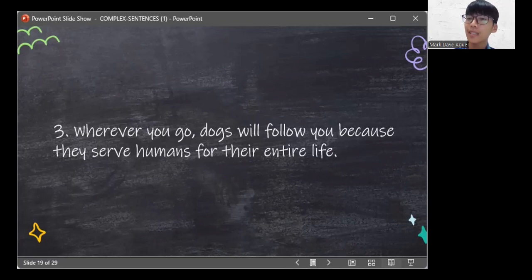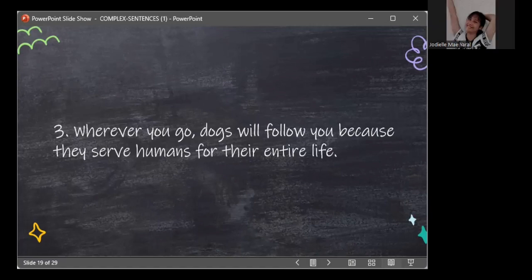So in the second dependent clause, can you tell me where the subordinating conjunction is? The subordinating conjunction in the second dependent clause, sir, is the word because. That's right. Now, how about the subject?